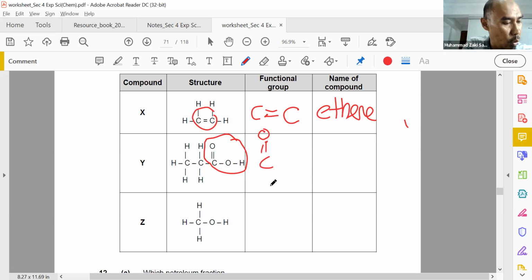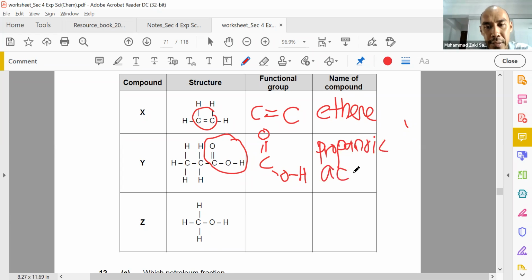But if you happen to have two oxygen, you tell me, then you can try. Okay, and the name is propanoic acid, since there's three carbon, propanoic acid.